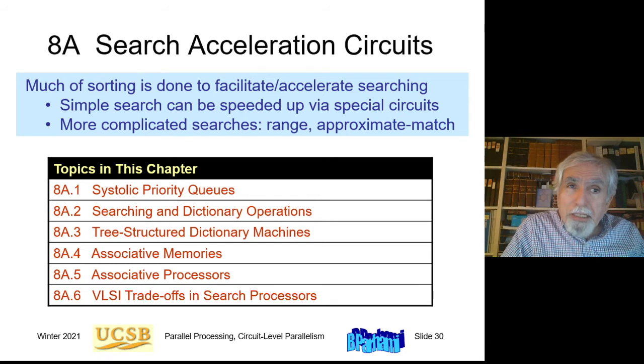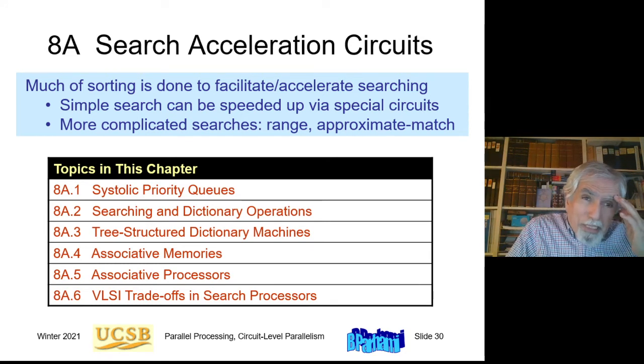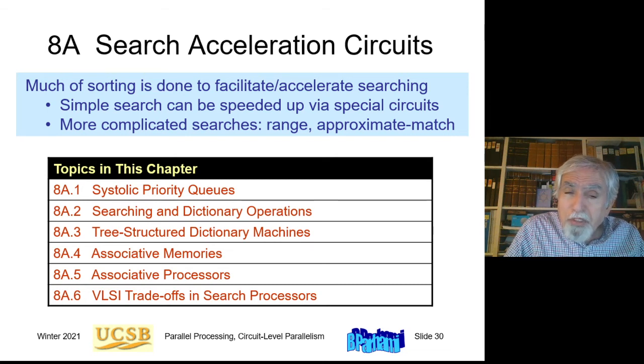As a reminder, Chapters 7 and 8 have been expanded in the new version of the textbook under preparation into 4 chapters. Chapter 7, which I covered in the last lecture, remains basically intact.